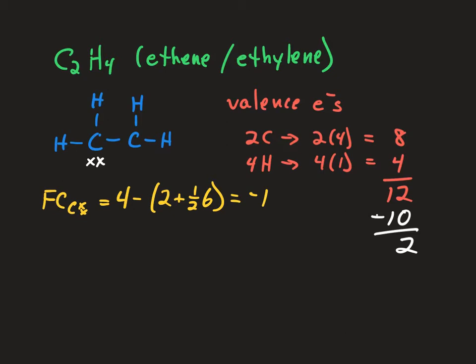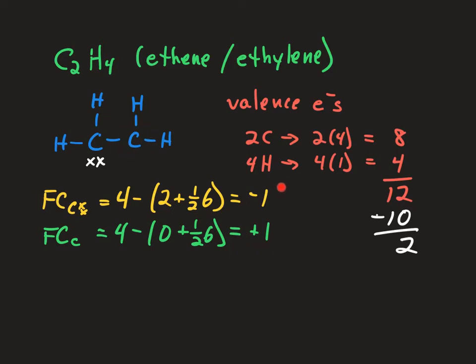And the formal charge on the carbon without the unshared pair is 4 minus 0 plus half of 6 equals +1. So not only do we have an atom without an octet, we have 2 atoms with formal charges. The left atom has a formal charge of -1. The right atom has a formal charge of +1.